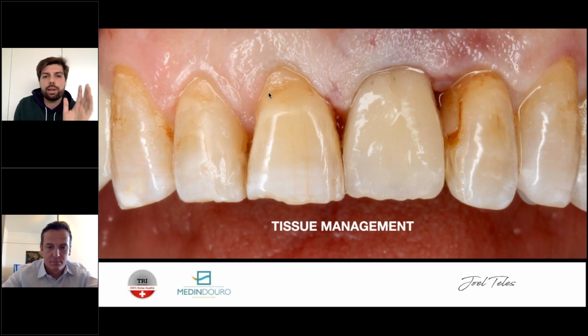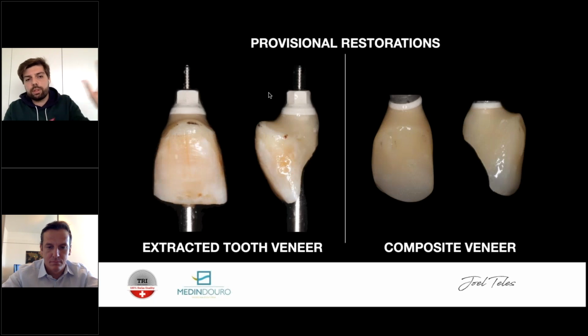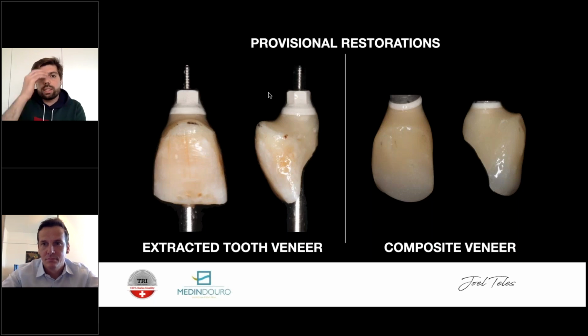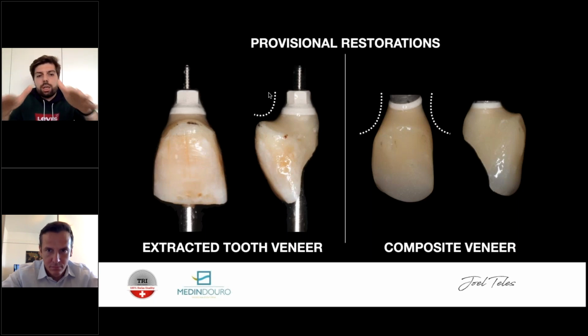Okay. So what are the main considerations for these provisional restorations? It doesn't matter if it is an extracted tooth veneer or a composite veneer. It's the exact same protocol. What you need to think is that the buccal side and the mesial and distal walls need to be shaped to be concave, allowing space for the tissue.